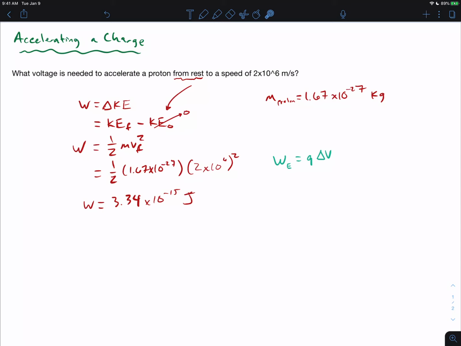So what we're going to do here is just plug this in. We're going to plug in the charge of a proton, which is 1.6 times 10 to the negative 19 coulombs. So we have 1.6 times 10 to the negative 19, and our delta V is what we're looking for.